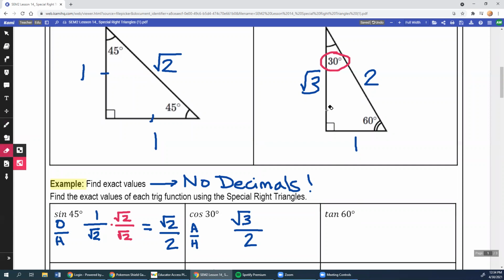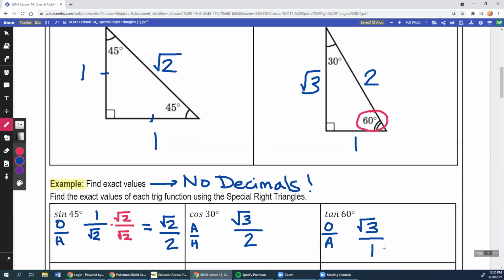Now, tangent 60. I'm going to erase my marking there on 30. So now we're going off of 60 degrees for this tangent. Remember, tangent is opposite over adjacent. So tangent of 60. The opposite is square root 3, and the adjacent is 1.